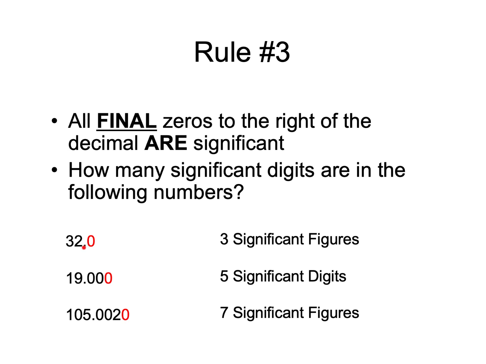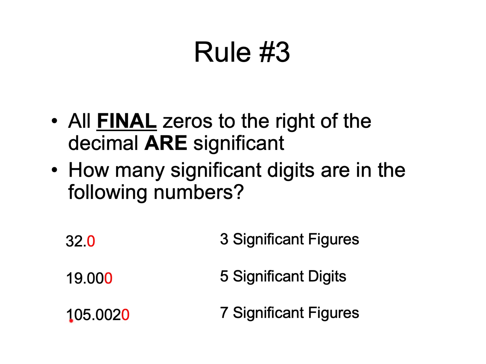Why? It's to the right of a decimal point. Here, I've got 3 zeros to the right of a decimal place. This one is the final, and so this 0 is significant. These non-zeros are significant. These are all significant because they're in between 2 significant digits, and so that tells you that this whole thing has 5 significant digits, or 5 significant figures.